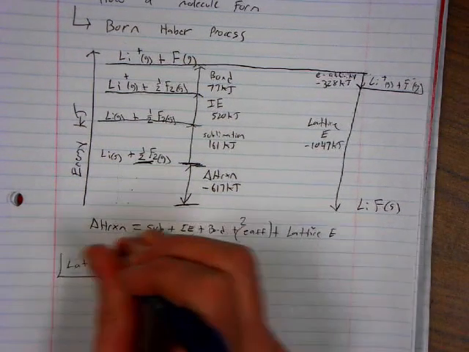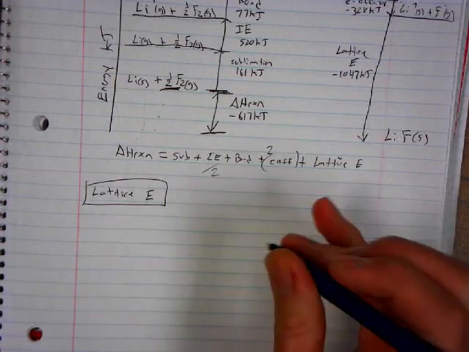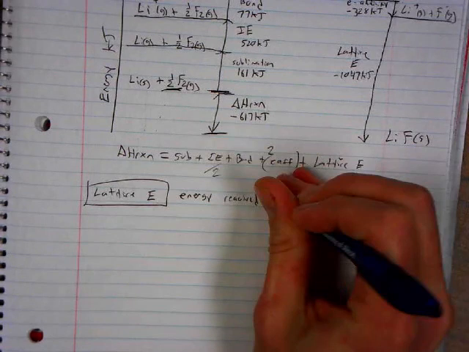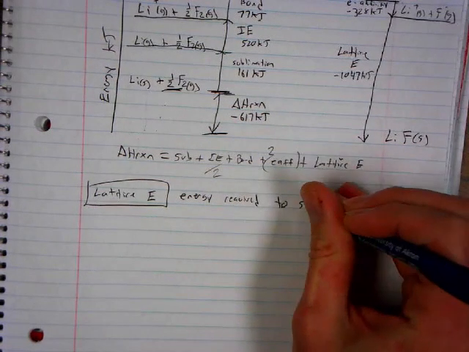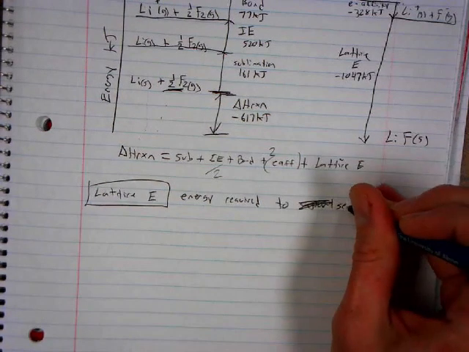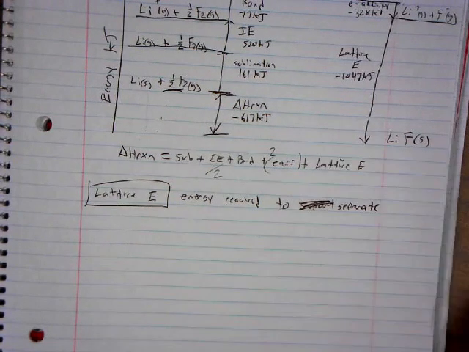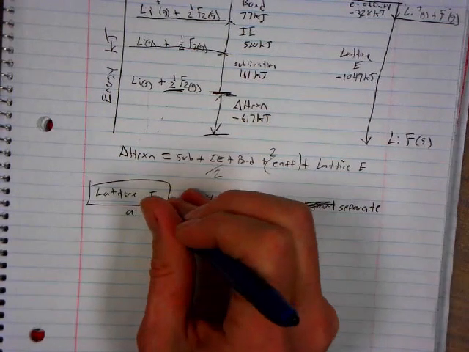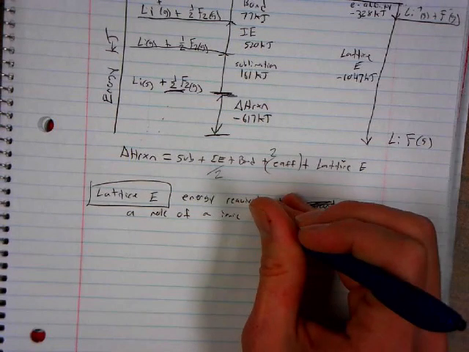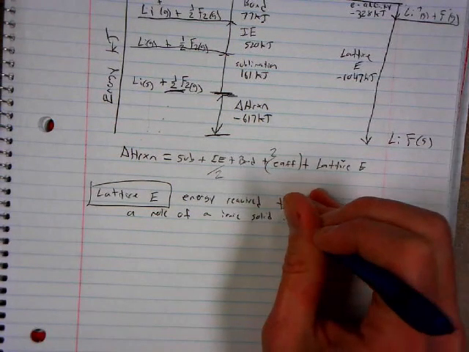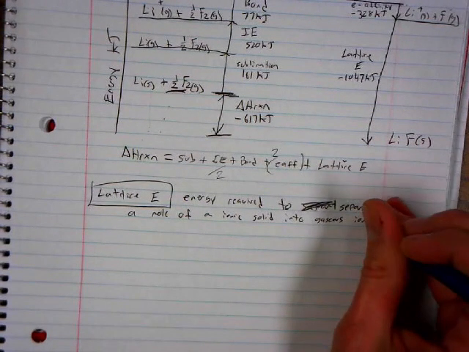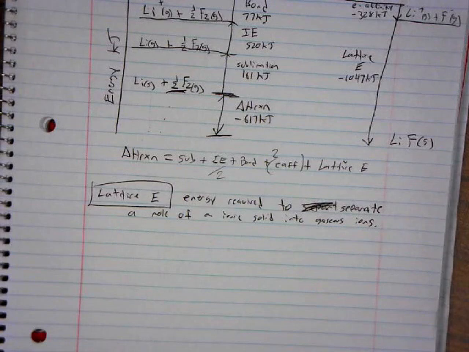Lattice energy. Let's define that. This is the energy required to separate the energy required to separate a mole of an ionic solid into gaseous ions.